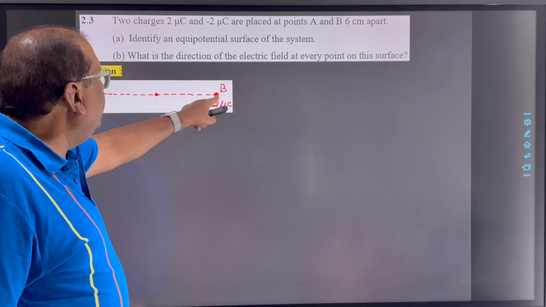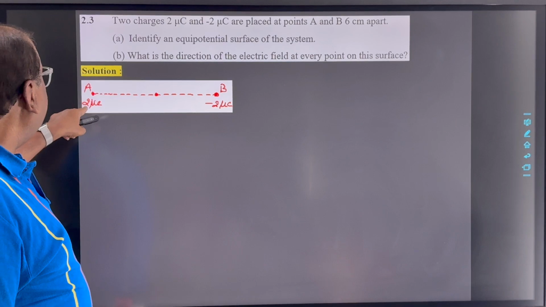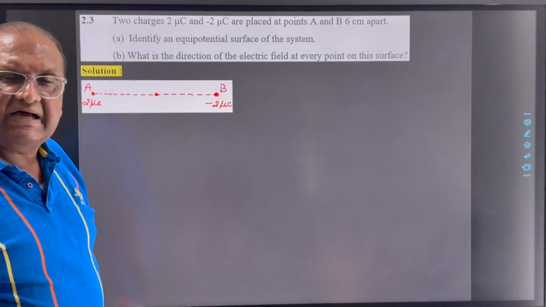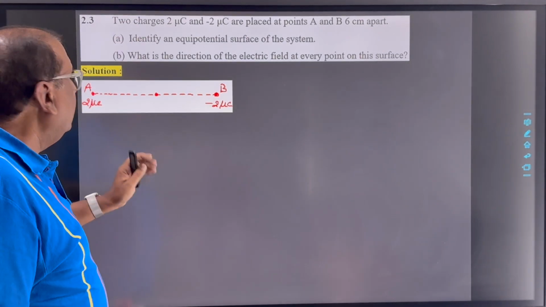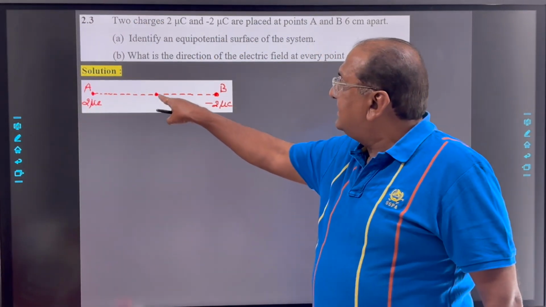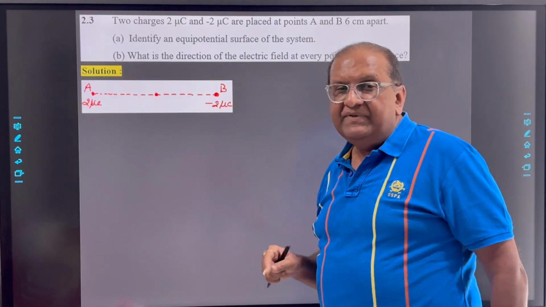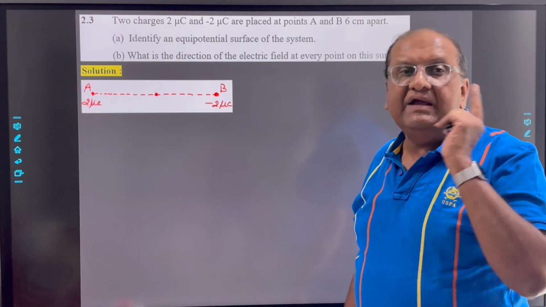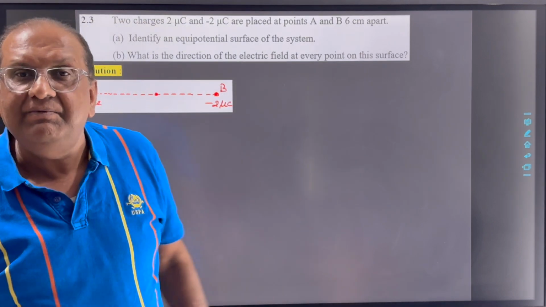A and B are separated by 6 centimeter, and at A suppose 2 microcoulomb and at B minus 2 microcoulomb charges are placed. So if we think about the surface which is passing through the center of the line joining A and B and perpendicular to AB, then at each and every point on that particular surface the potential will be 0.